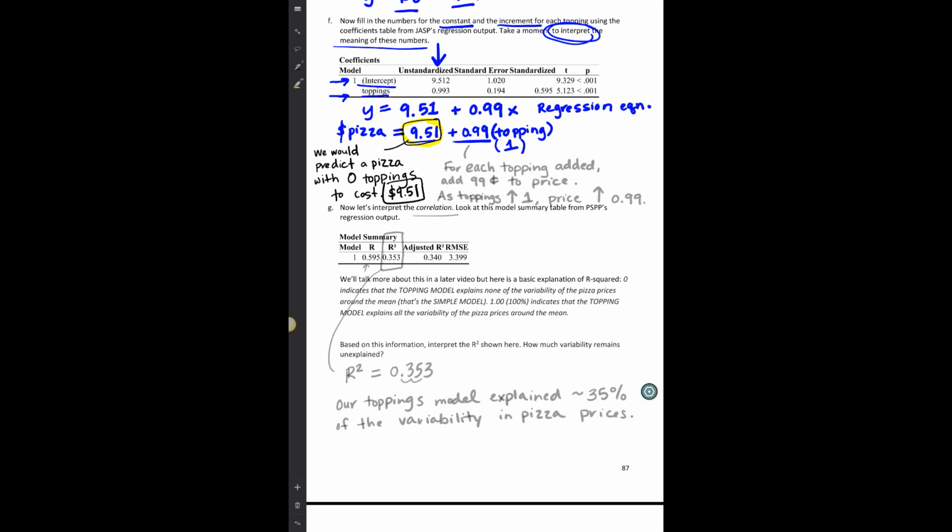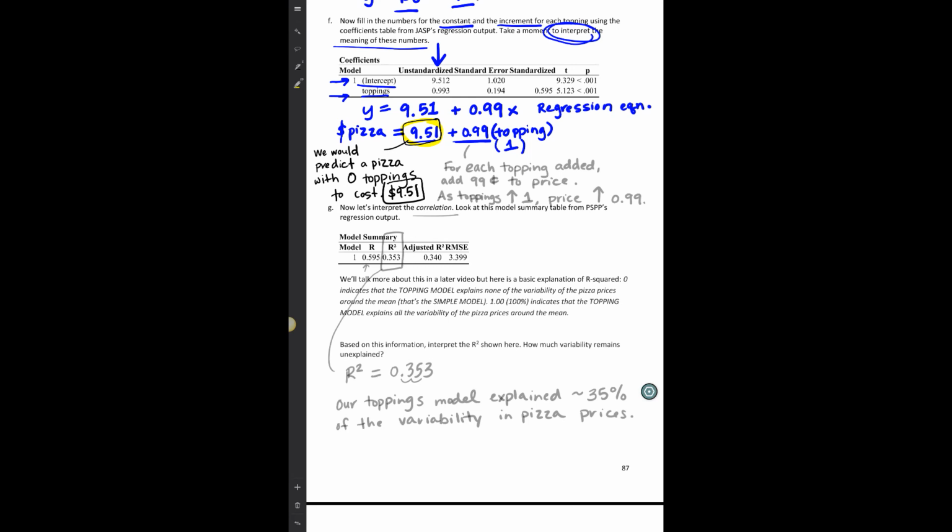Now keep in mind that there are a lot of other things that influence pizza prices, besides just the toppings. The quality of the ingredients, what style place it is. Are we talking like a Little Caesars or California Pizza Kitchen, or maybe somewhere that's like ultra gourmet? So there are a lot of different factors besides toppings that affect how pizza shops price their pizzas.